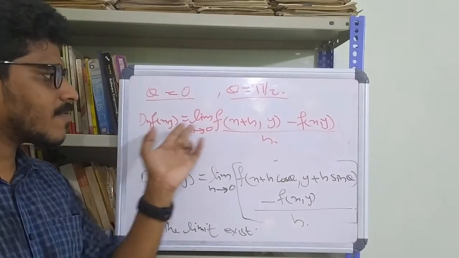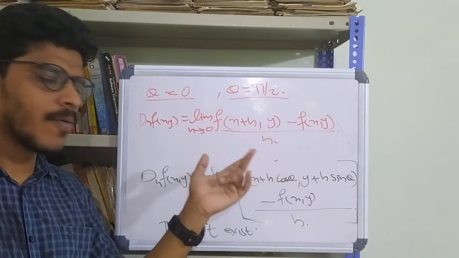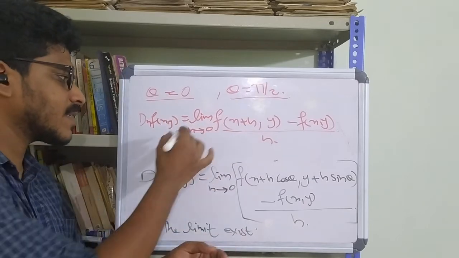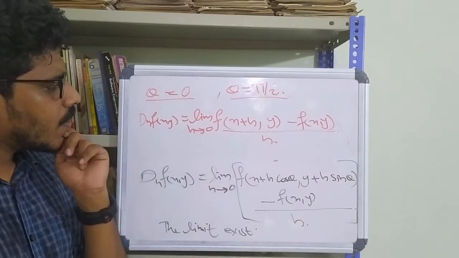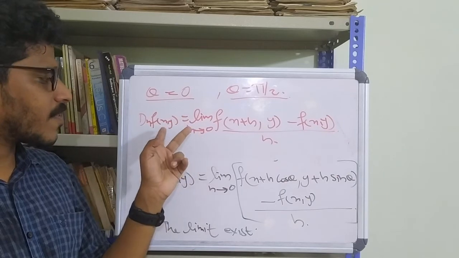This is obviously the expression for dou f by dou x, which we have expressed in the previous classes and explained. So this gives the expression for dou f by dou x.